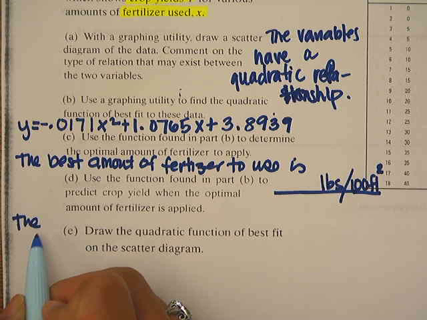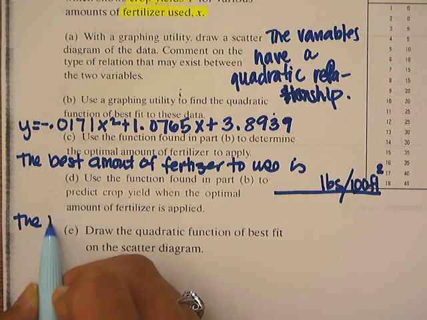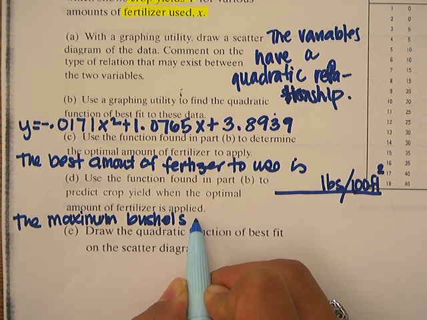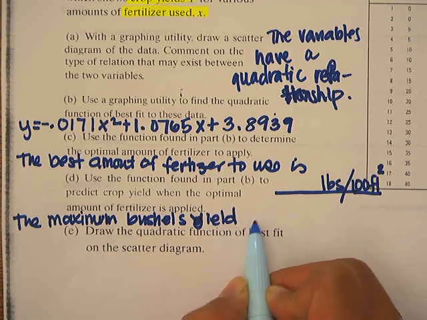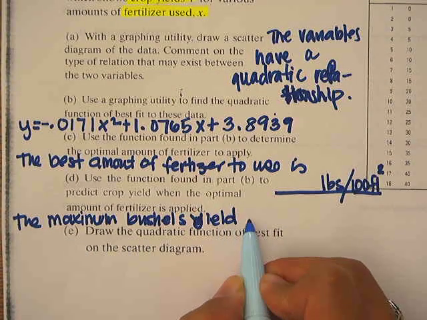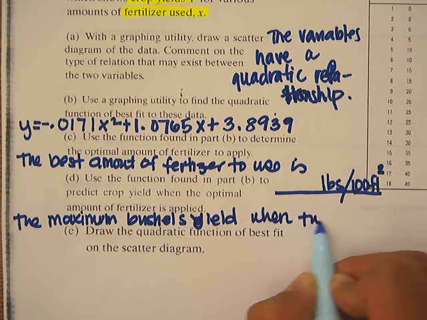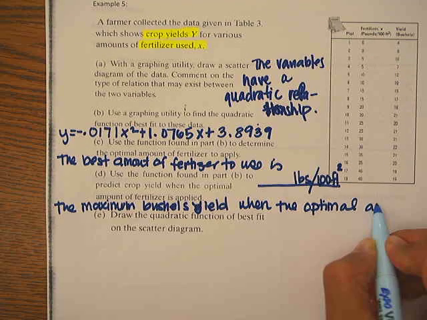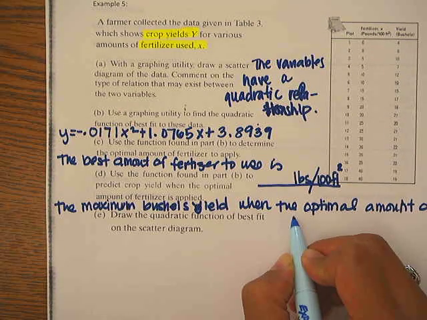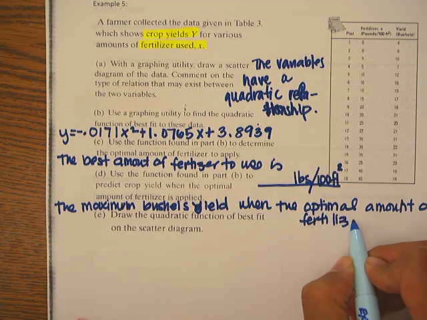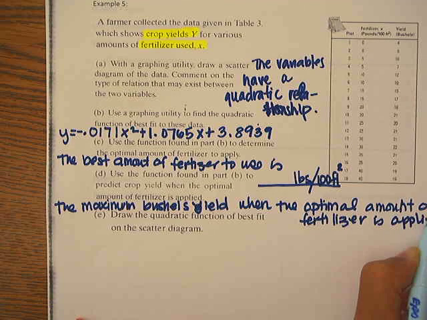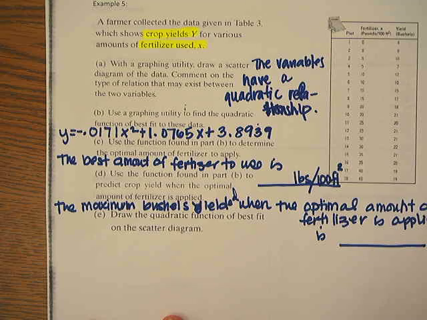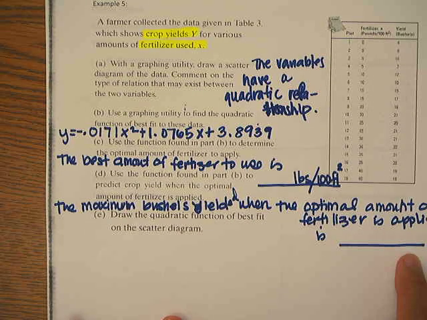So the maximum bushels yield when the optimal amount of fertilizer is applied is, okay, so go ahead and fill in this right here.